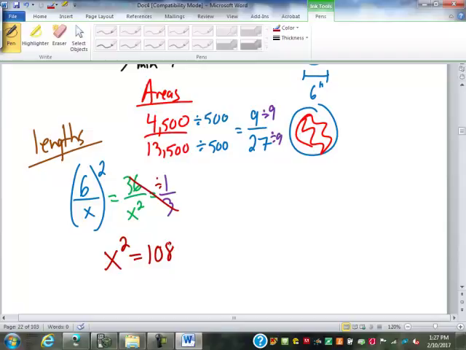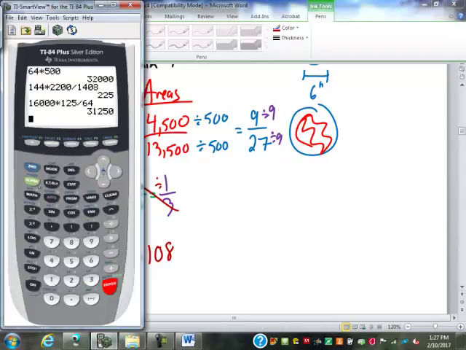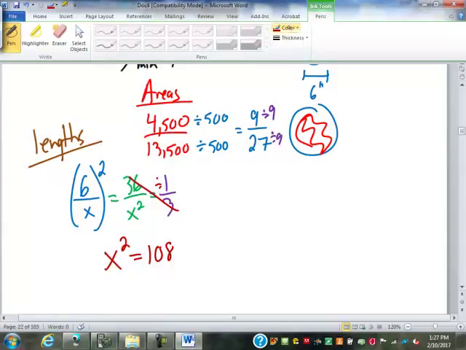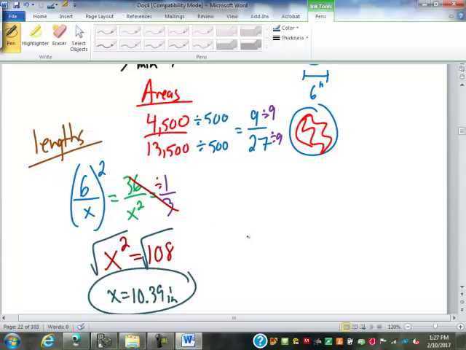X squared is 108. So we take the square root of 108, which gives us 10.39. X is 10.39 inches. Does that make sense?